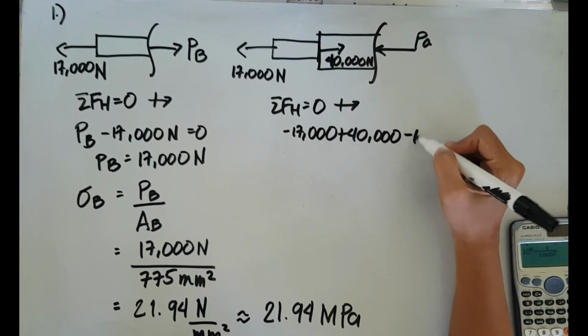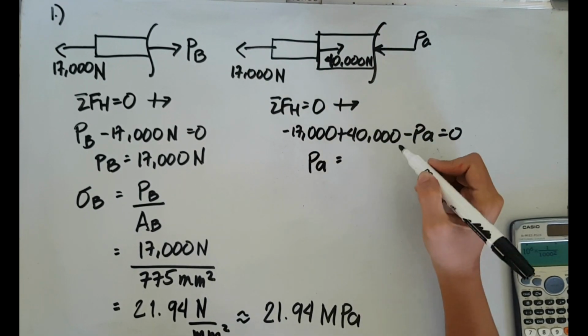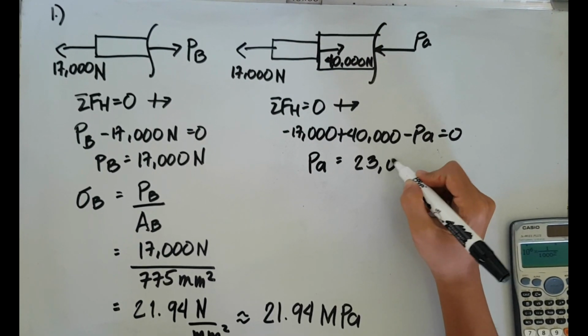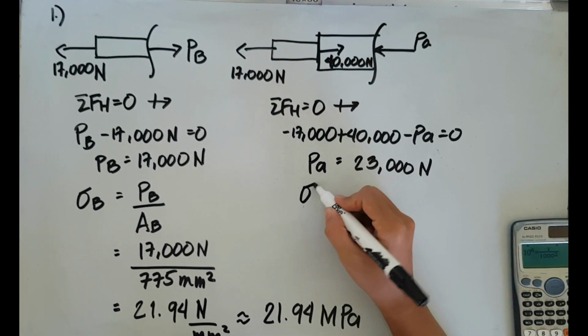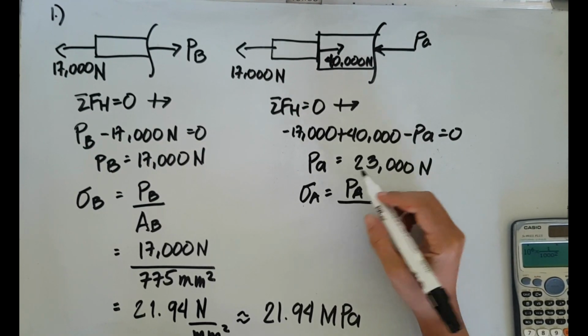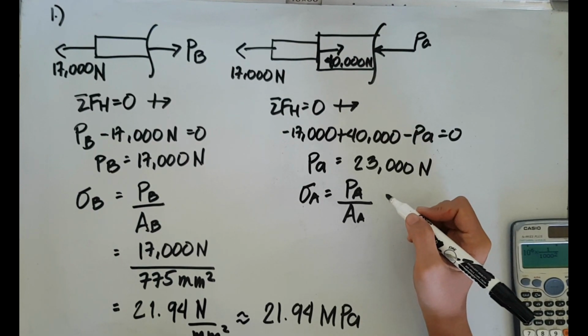So taking the summation of the forces horizontal, right direction as positive, negative 17,000 Newton plus 40,000 Newton minus the force at the aluminum section is equal to 0. Therefore, the force in the aluminum section is equal to 23,000 Newton.